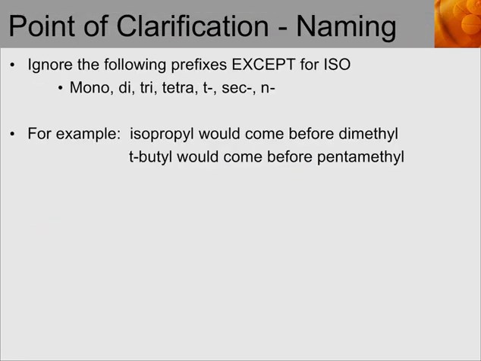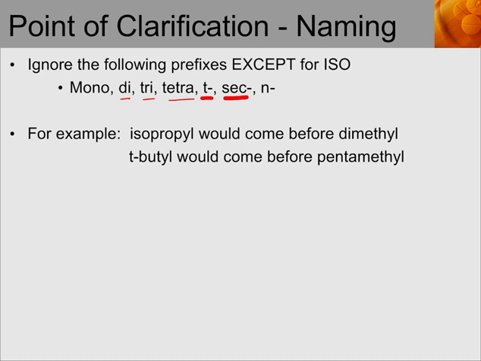All right, so now just some clarification here and a reminder. When we were discussing how to name alkanes, if we had multiple groups attached to the main chain, then we had to add a prefix such as di, tri, tetra. Sometimes we had to use t or sec, for instance.